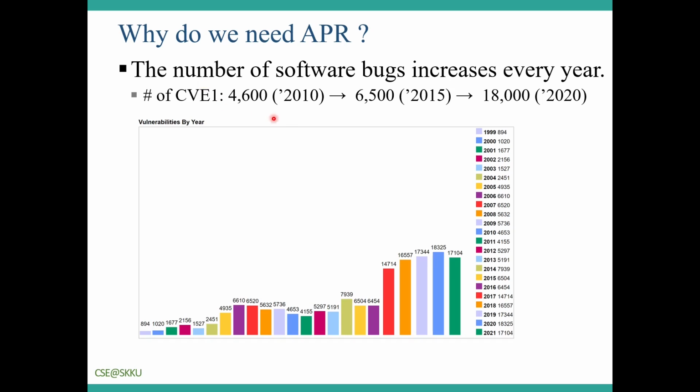Back in 2010, there were around 4,000. That number jumped to about 6,000 by 2015, and by 2020, it reached roughly 18,000. So the second reason we need APR techniques is that software bugs are increasing significantly.